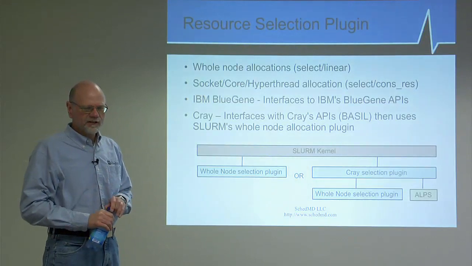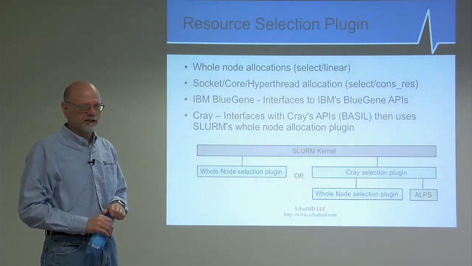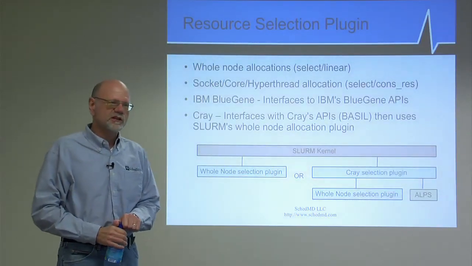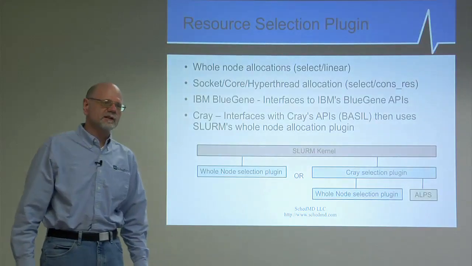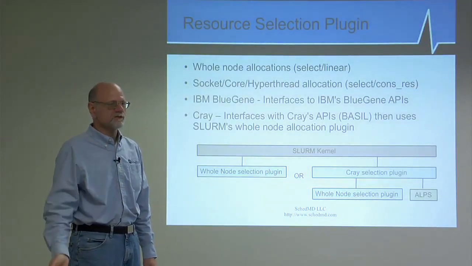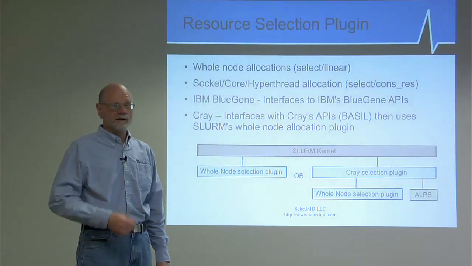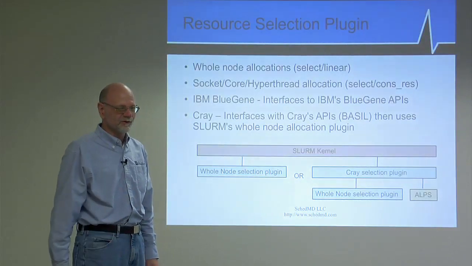I'm not sure I'm going to get into that right now, but the latest version of Slurm actually collects power consumption information per job and records that in the accounting database. Users, when they submit their job, can specify, I want to run at the maximum frequency possible, or a low frequency, or whatever.